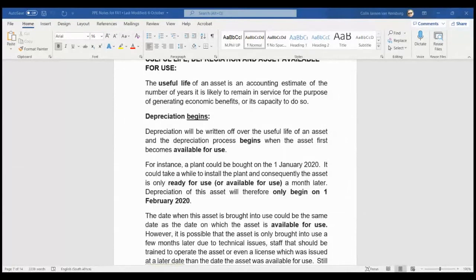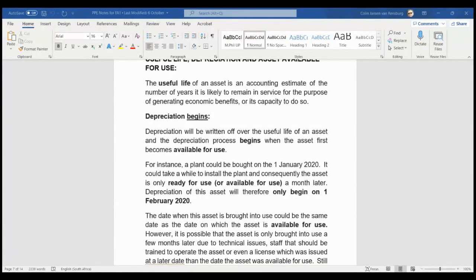Then you'll see that very often when you are constructing an asset, such as plant and machinery, it might take a while. You might purchase the various components of the plant and machinery at various times. You might have to install it. You might have to get engineers to assist you in installing it. There might be all sorts of processes.